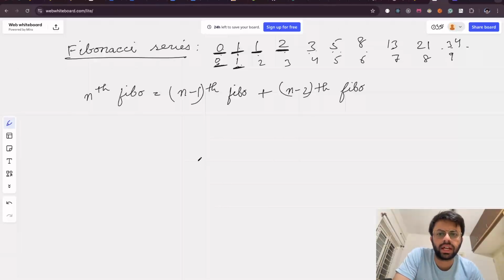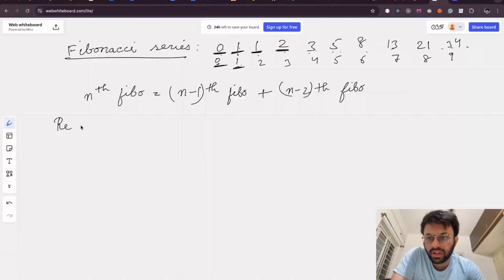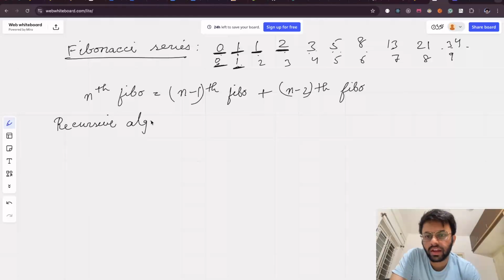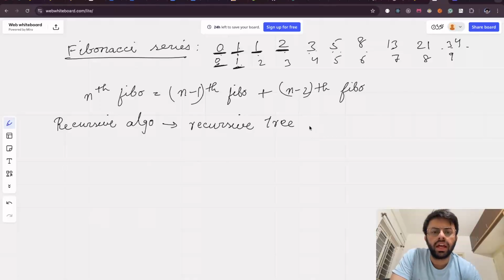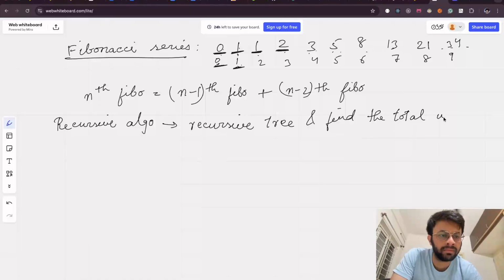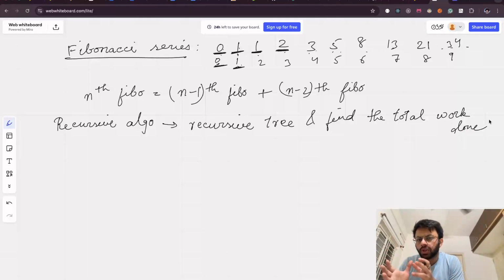In the previous class, we saw that in case of recursive algorithms, what we need to do is draw the recursive tree and find the total work done. In merge sort as well, we were drawing the recursive tree, if you remember, and then we were trying to calculate the total work done.